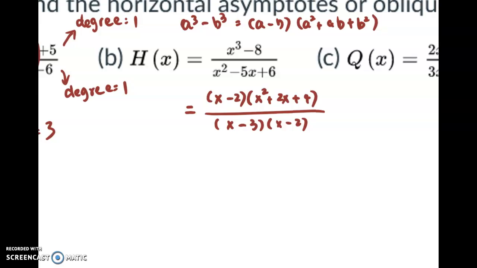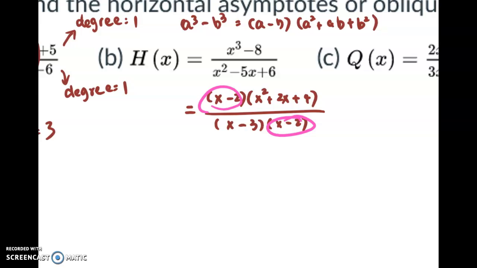All right, so it is not in lowest terms. They have a common factor, x minus 2. These two are common factors. That means this function has a hole in the graph at x equals 2. Anyway, the problem is not asking us that.